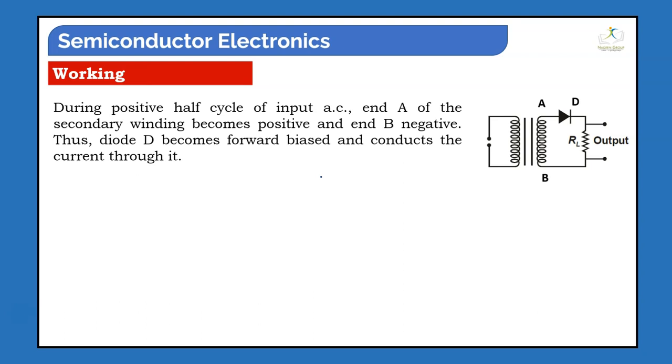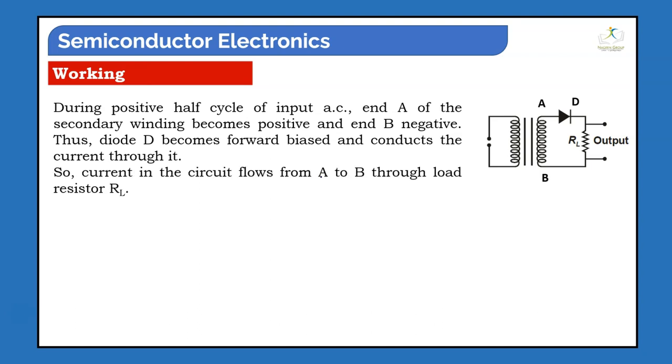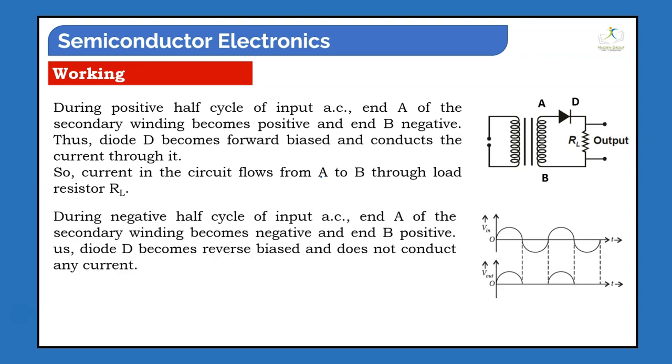Let us see. During the positive half cycle of input AC, end A of the secondary winding becomes positive and end B is negative. The diode D becomes forward biased and conducts current through it. So current in the circuit flows from A to B through load resistor RL, as you can see here.